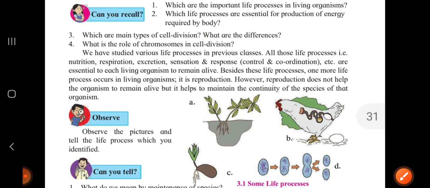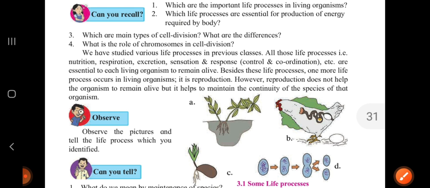All those life processes, that is nutrition, respiration, excretion, sensation and response, that is control and coordination, are essential to each living organism to remain alive. Beside these life processes, one more life process occurs in a living organism. It is reproduction.